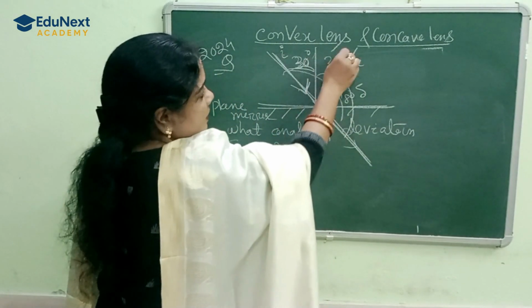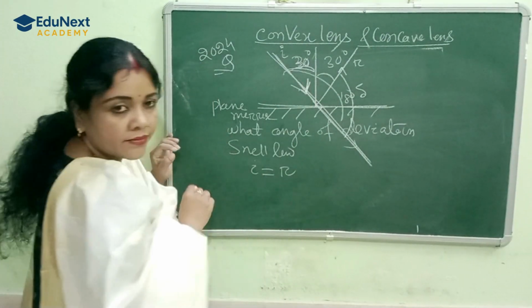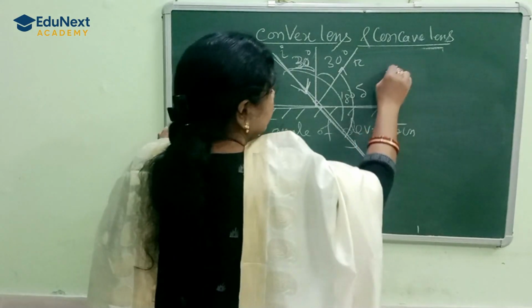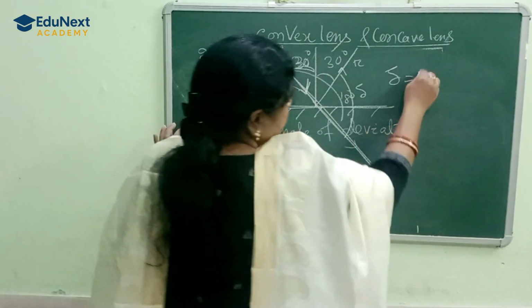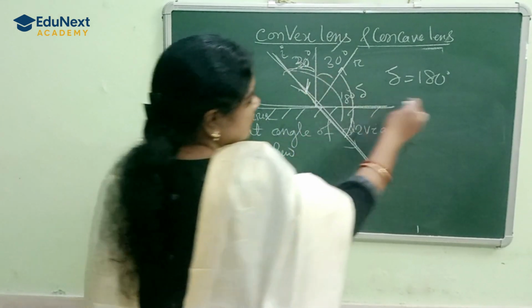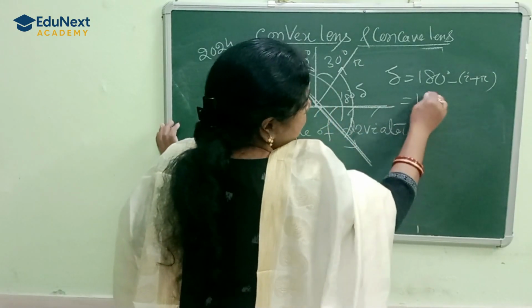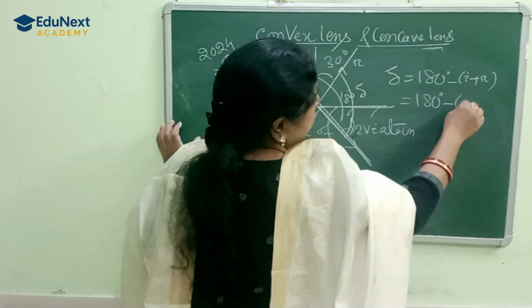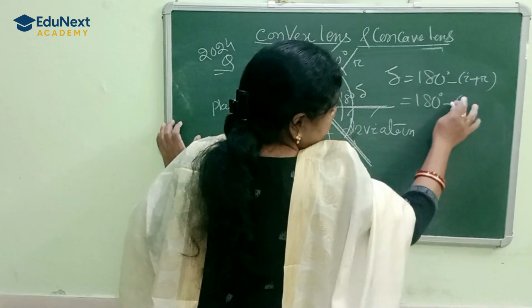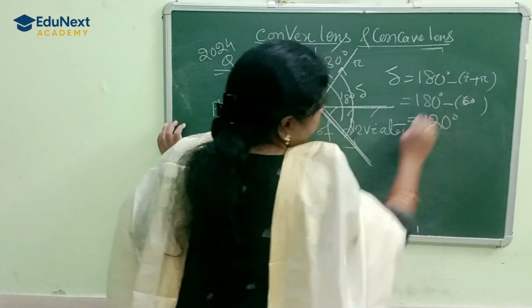Here is I, here is R, and I is equal to R. So now this angle of deviation can be calculated as 180 degree minus (I plus R). That means 180 degree minus (30 degree plus 30 degree), that means 60 degree. That is equal to 120 degree.